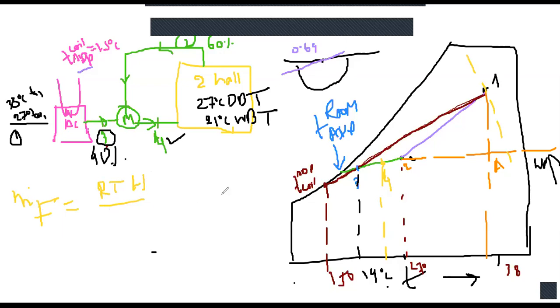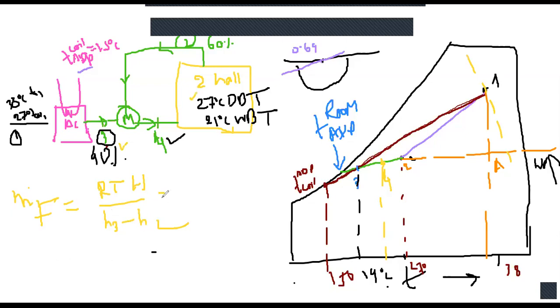That means enthalpy drop is H3 minus H2. That means this and this.